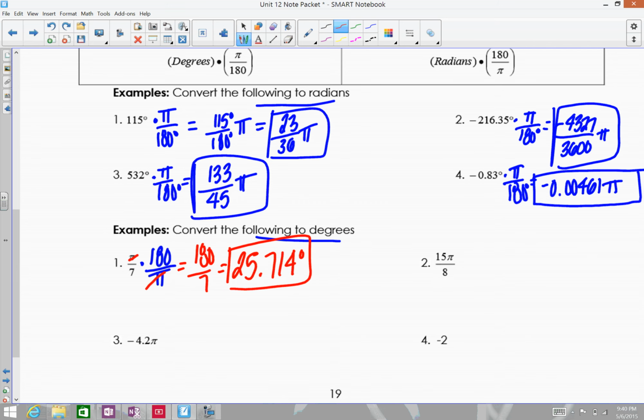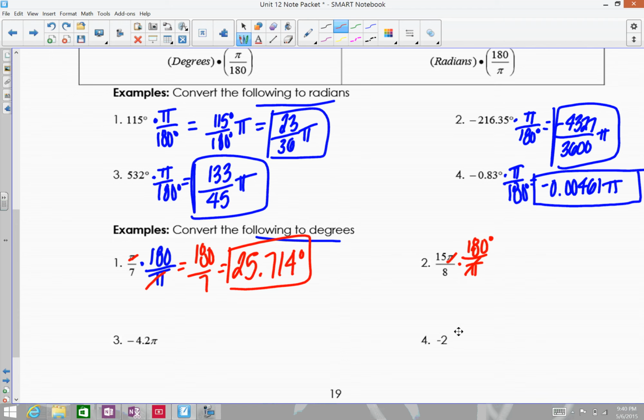Essentially, what you can think of this is you're just replacing the pi with 180. So if you don't want to think about the pi's canceling, just think of it as I'm plugging in 180 degrees for pi, and that's what you'll get. So for this one here, again, we need the pi to be in the denominator so that it's canceling, and essentially we're just plugging in the 180 for this pi.